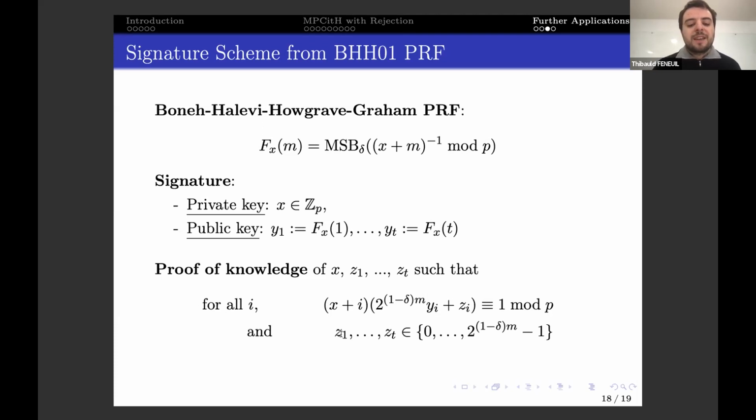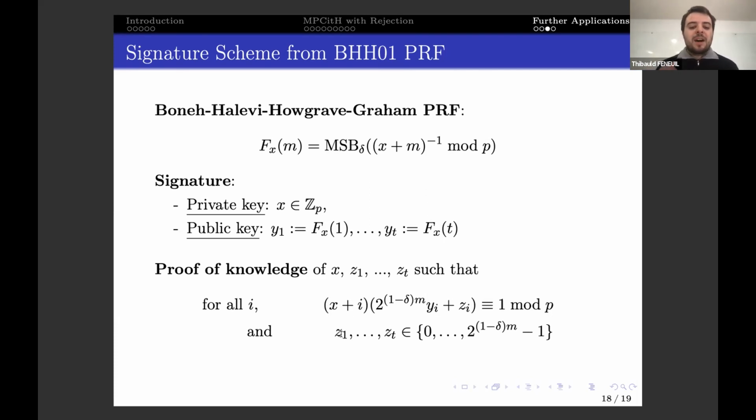And we need to prove that X, Z1, Z2 are small. And to prove that, we use our sharing scheme. Since, for example, Z1 will be shared into a sum of small values, we will directly have that Z1 is small, but with some slack.